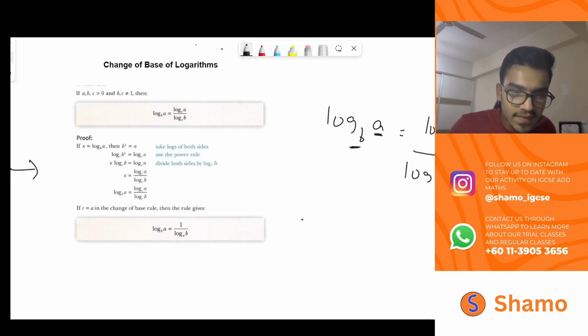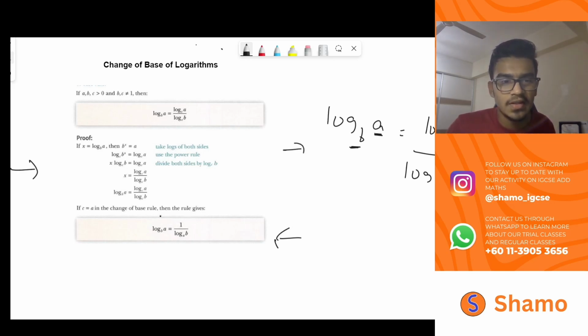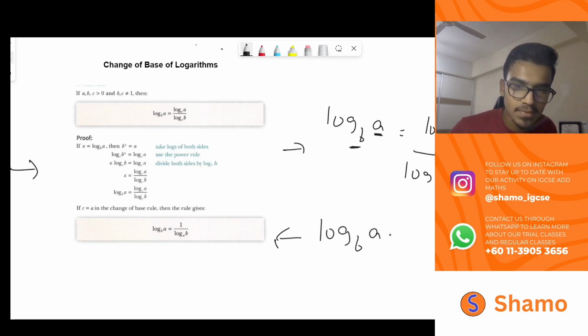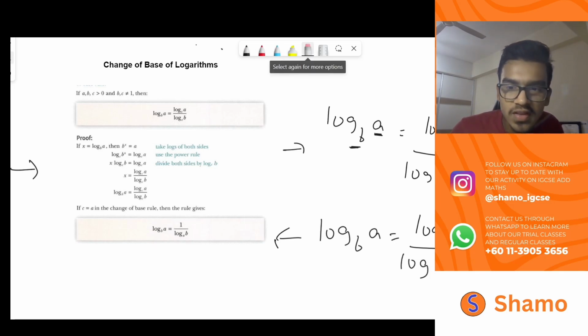And then there is this formula here. It's not really a formula. You could just get it from here. They say if c is equal to a in the change of base rule. So no need to memorize this formula. I suggest just memorize this one. So if log base b of a is equal to log base c of a over log base c of b, and they are saying that if c is equal to a, I could do something like this.